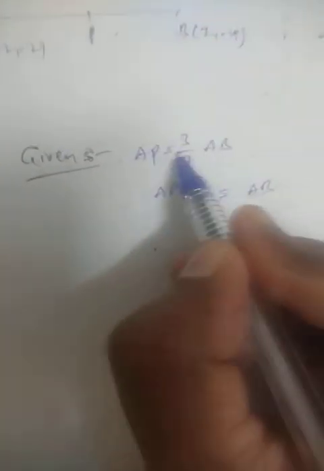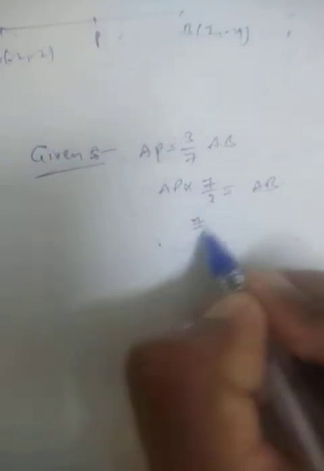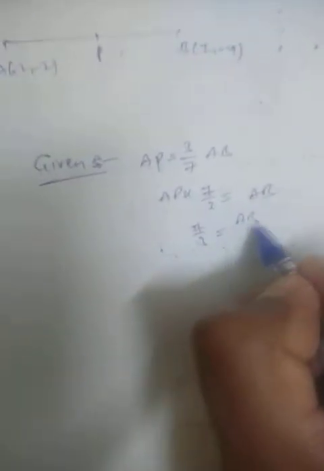Students, try to listen to this carefully. AP is equal to 3/7 of AB. This fraction comes and becomes the reciprocal. Now 7/3 is equal to AB/AP. Indirectly, AB/AP is equal to 7/3.